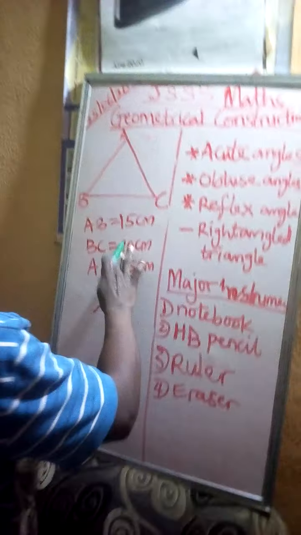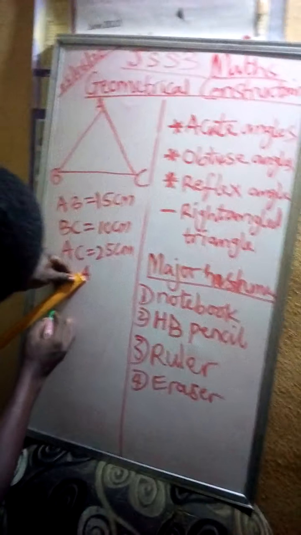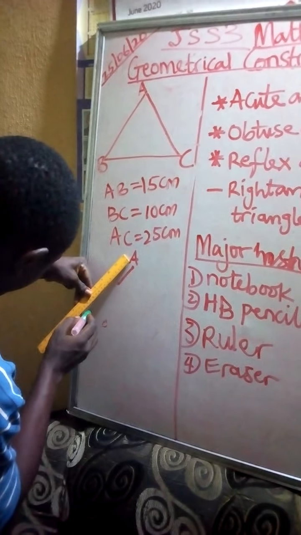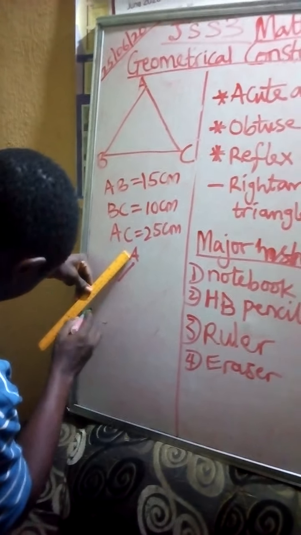Let me say this one is 15, this one 10, this one 25. So that means your 15 is 12, 13, 14, 15. Your 15 is in here.